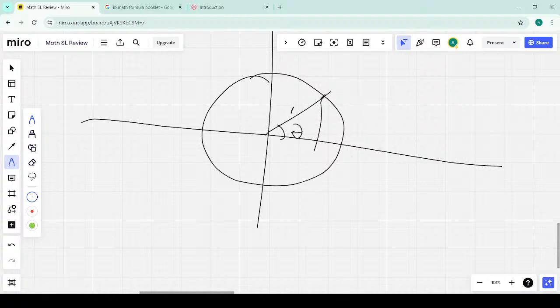So this line would always be 1. So this side here would be sine theta. This side would be cosine theta. And as you can see, just using the Pythagorean identity, sine squared theta plus cosine squared theta should equal 1. Right, because it's a right angle triangle, just because of how it looks like.